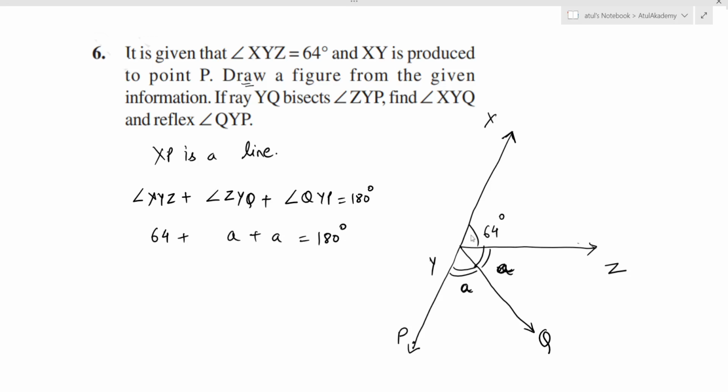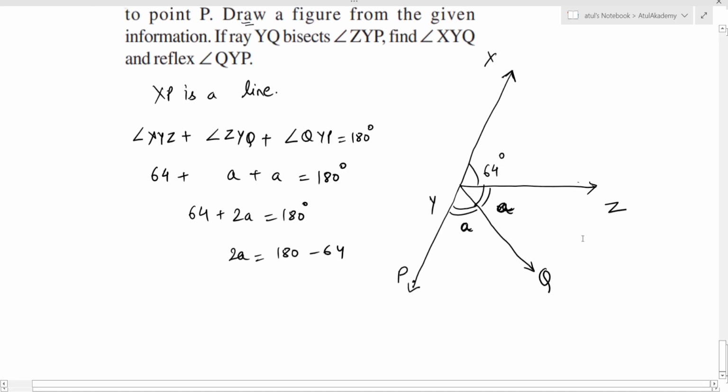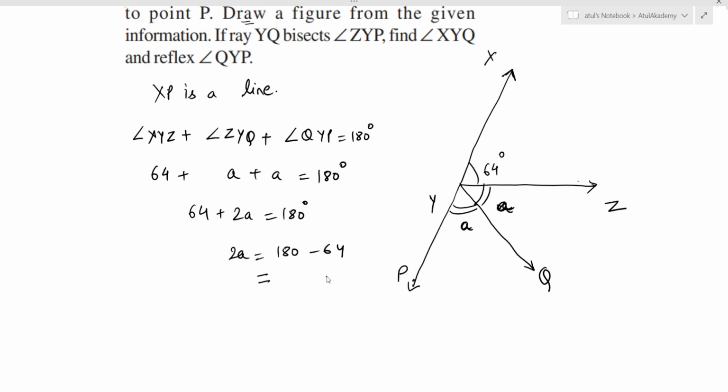Because they are equal, as YQ is bisecting it. 64 plus 2A is 180. So 2A is 180 minus 64. What will we get after subtracting? It's 6; 7 minus 6 is 1. 116 is 2A, so A is 116 by 2, which is 58 degrees.